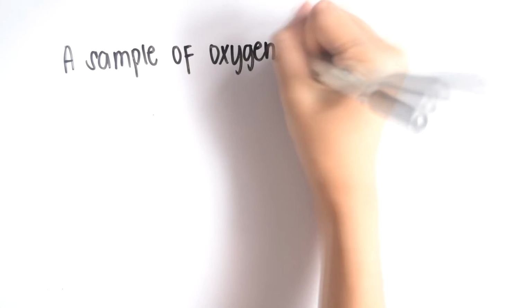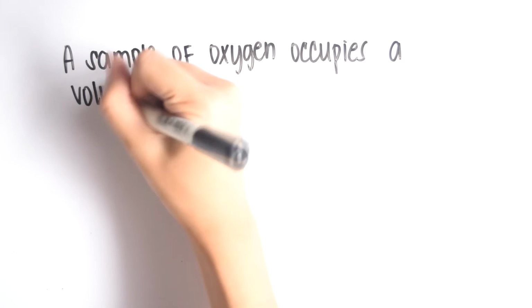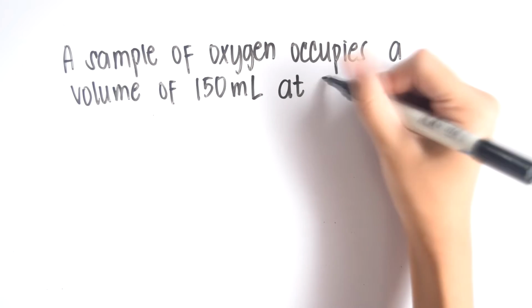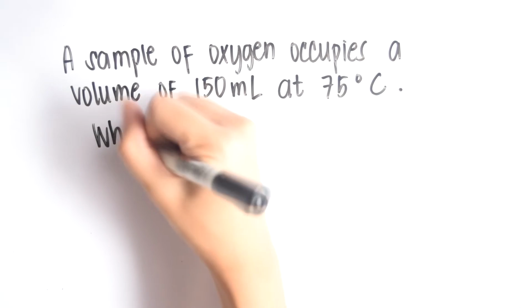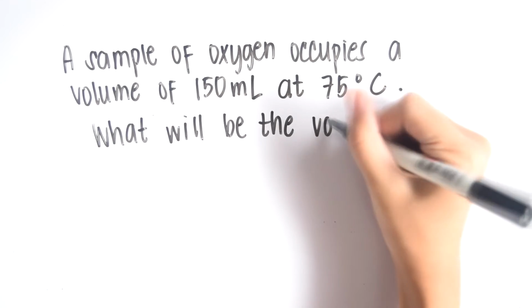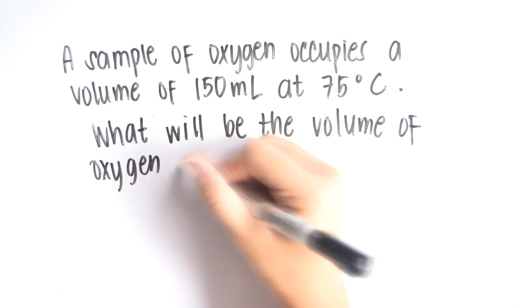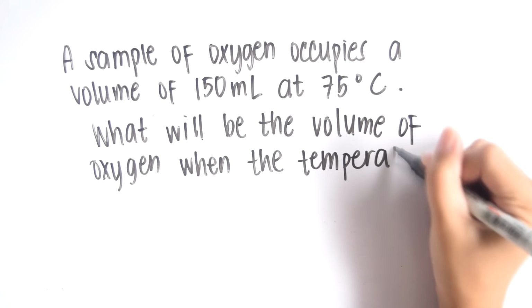Okay, so for example, a sample of oxygen occupies a volume of 150 ml at 75 degrees Celsius. What will be the volume of oxygen when the temperature drops to 0 degrees Celsius?